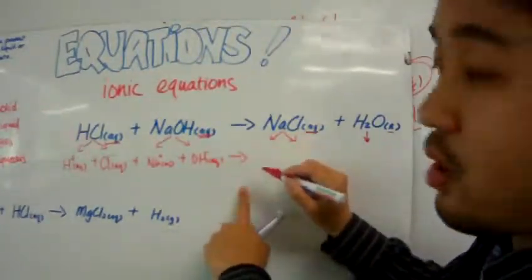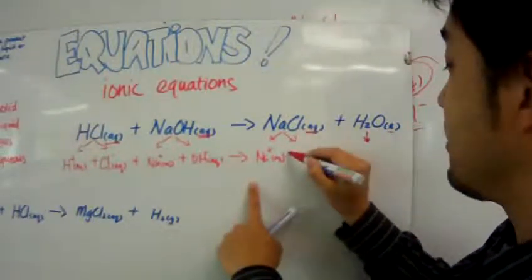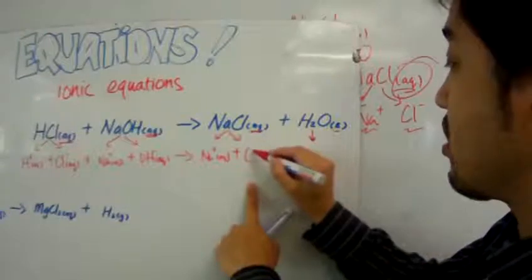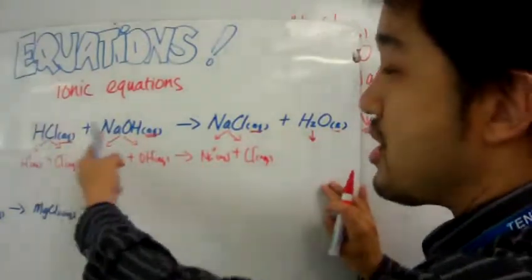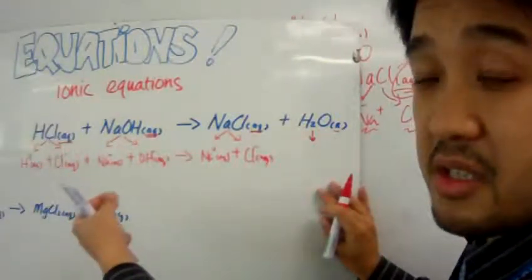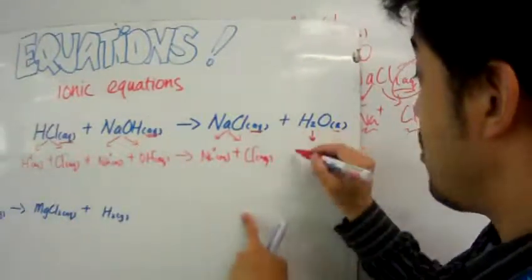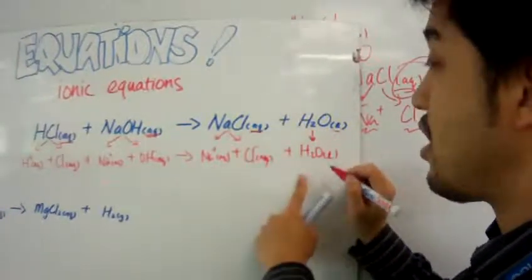And it will form sodium ions with chloride ions. So all these three substances broke apart because they are in aqueous solutions. Water, on the other hand, did not break up, so it will remain as liquid.